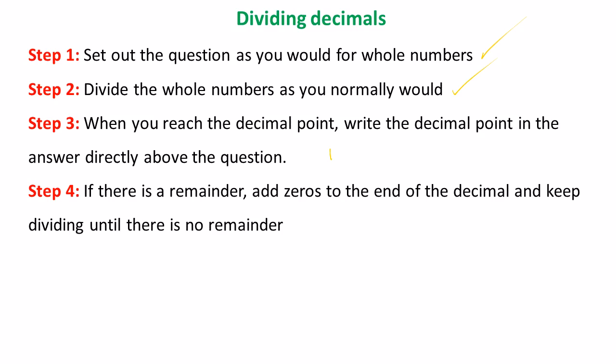If I've got this set up here with some numbers which I'm just representing by x's for the moment, and a decimal point, when I do my actual division, I put my decimal point above the same spot, so they line up. If there is a remainder, add zeros to the end of the decimal and keep dividing until there is no remainder. What does that mean? We'll go through a question in a moment to explain that.